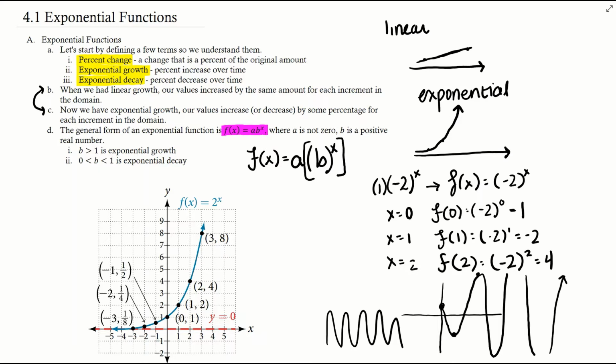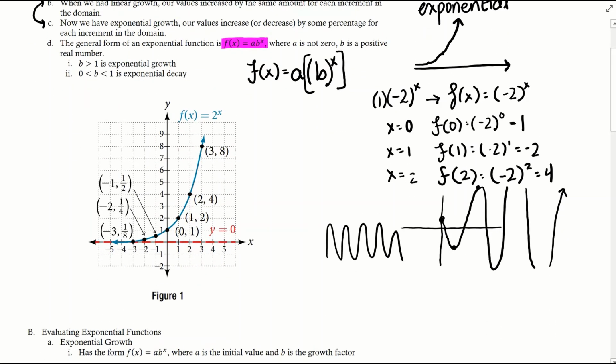So b greater than 1 would indicate growth, and when b is a fraction, that indicates decay. Growth would be something like f of x equals 2 to the 4x. Now if we had decay, f of x would equal, we'll make it 2 again, 1/4 to the x.